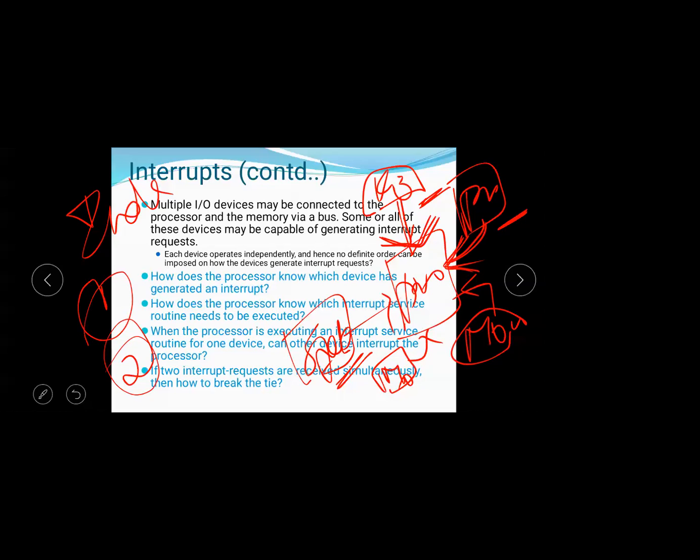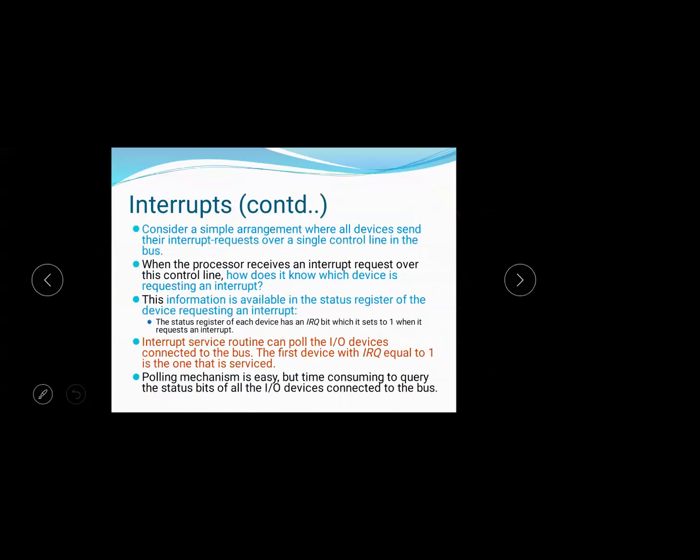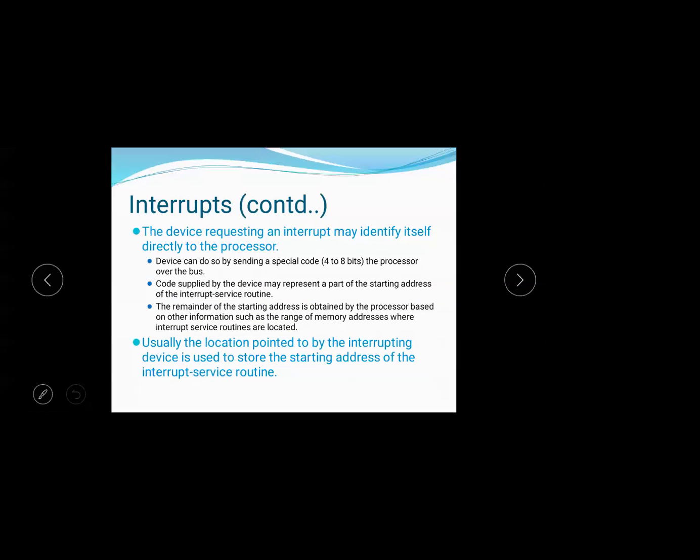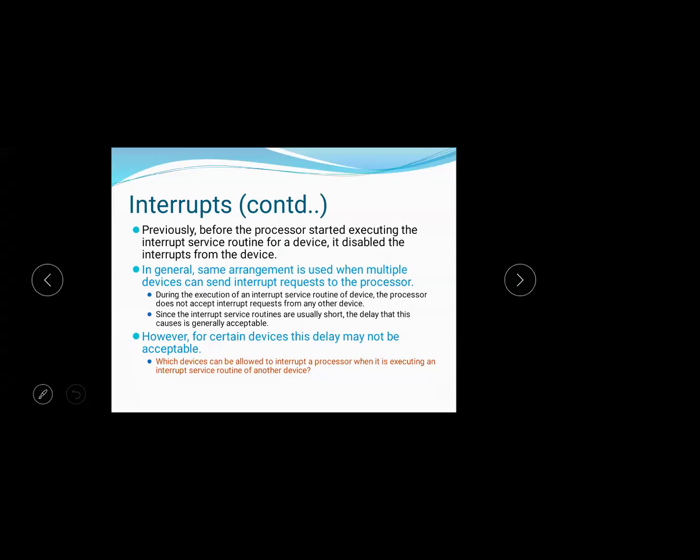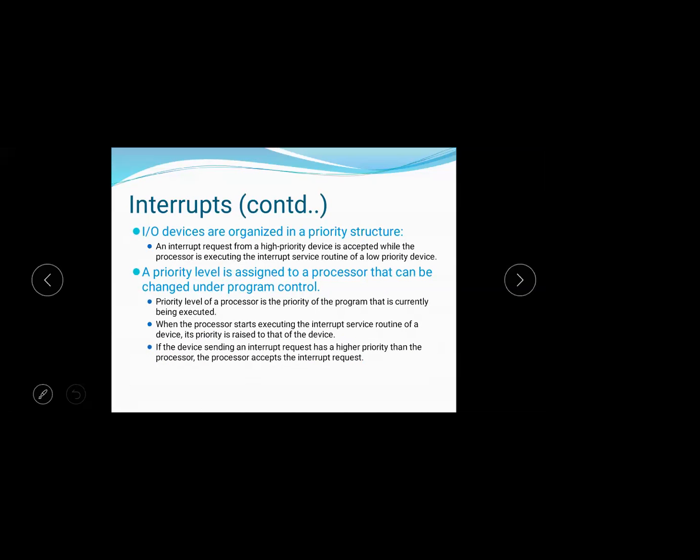For this, we have to assign priority levels to the devices, the keyboard, printer, monitor, mouse and speaker. All the devices are operated in a priority manner.